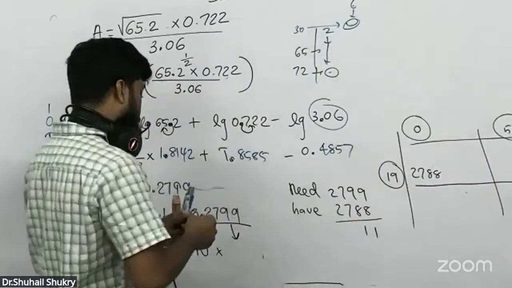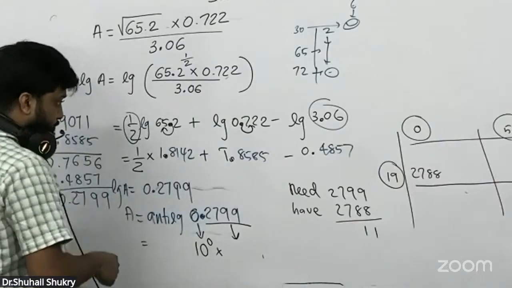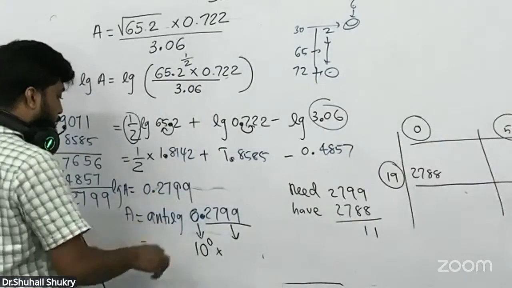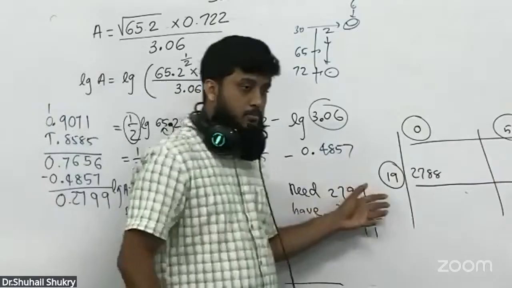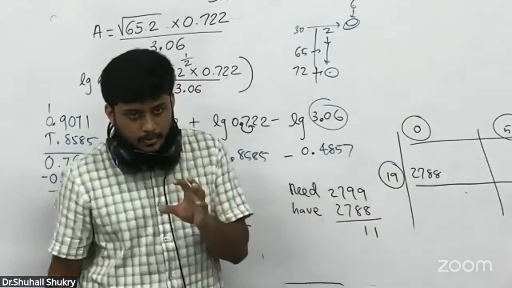But when you are telling this value, there is a way to tell this. After finding the anti-log, you have to tell that we found this number in this place. Like normally when we are telling an address, there is a way to tell the address.